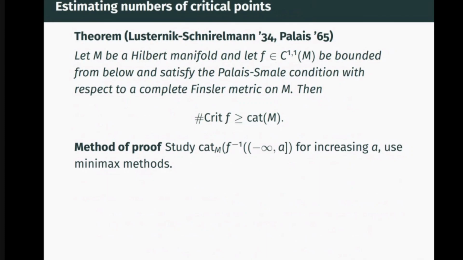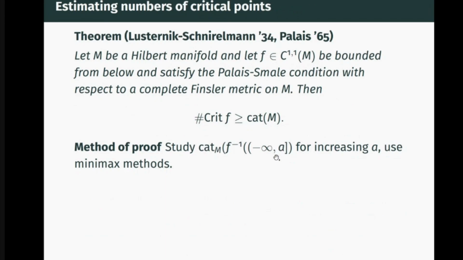The method of proof that we do here, just to keep you in line: we can introduce the notion of subspace categories, using cat with an index M of some subset of M, the idea being that we don't need to cover all of M, but just the subset that we are studying inside M. What you then do is study this for sublevel sets, and let the level rise and rise.